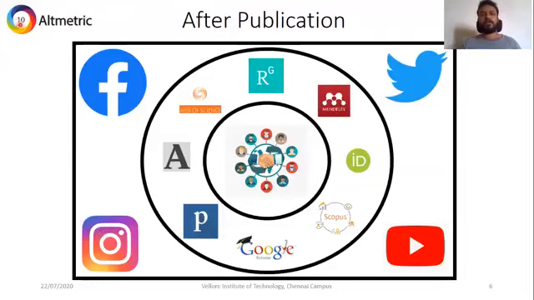Then the altmetric will obviously go higher. So when you also promote your papers through social media, your altmetric will go high. It's a very simple relation. When your altmetric is high, the chances of getting citations are also high, and your reach is also high.